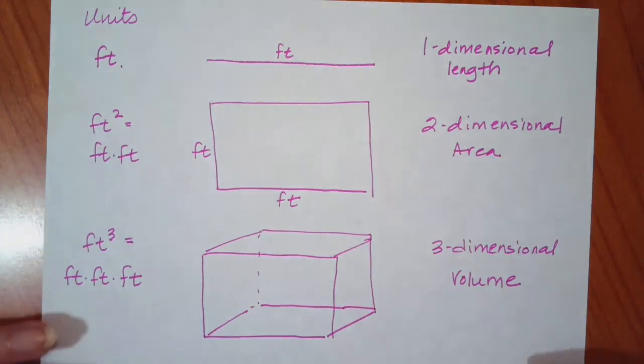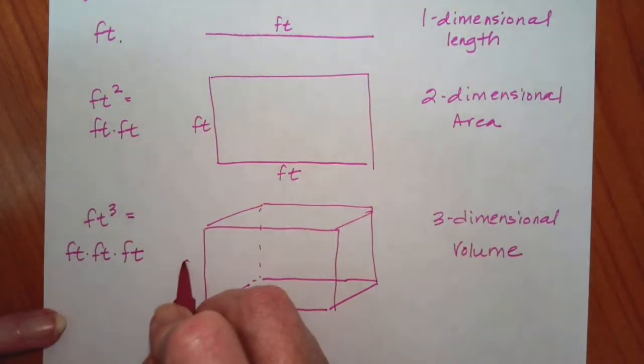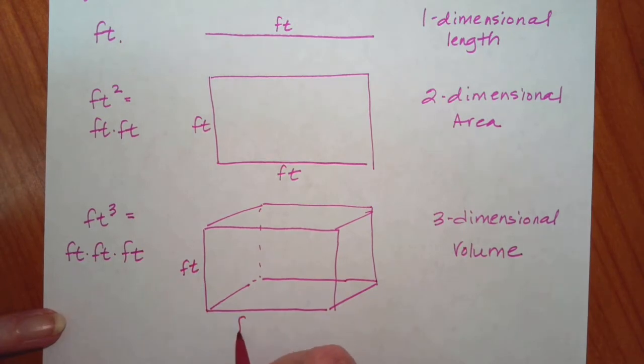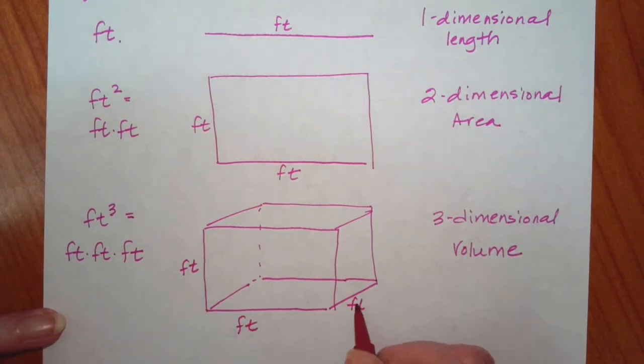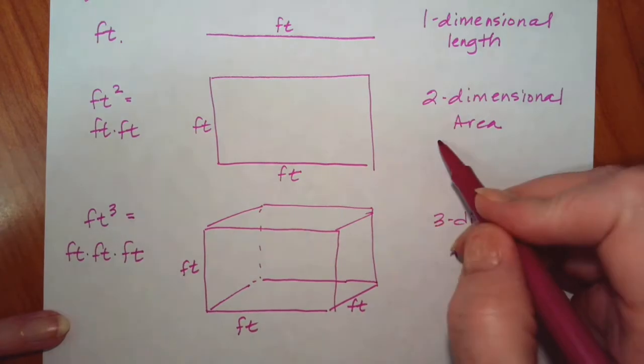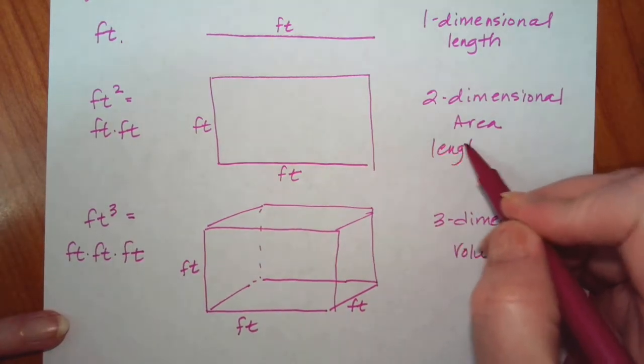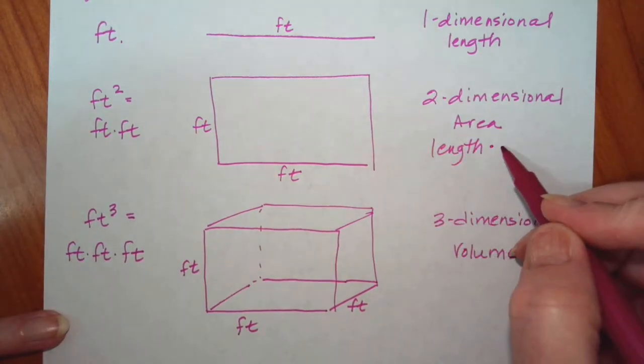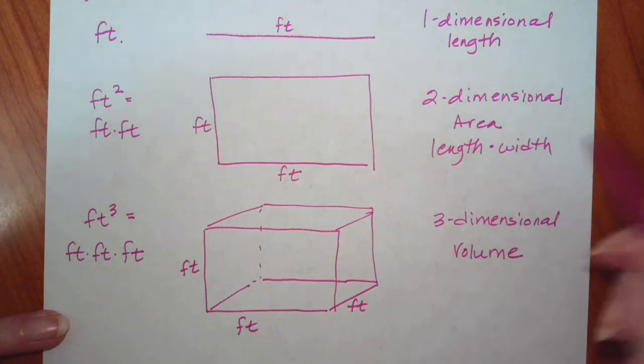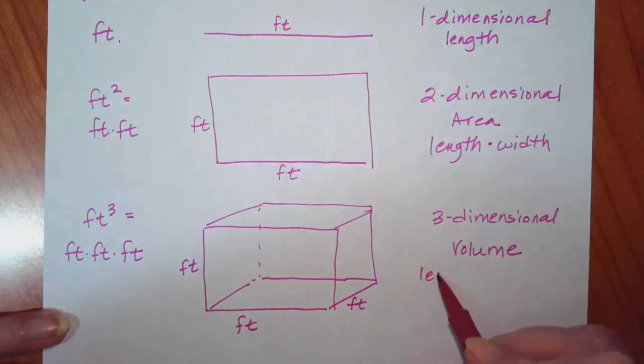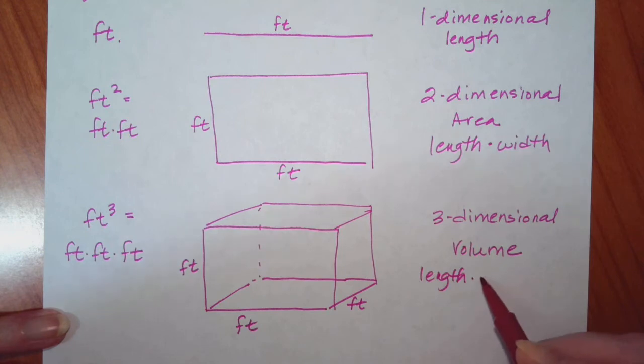So I'm going to have a measurement of feet times feet times feet. This would be length times width, and this would be length times width times height.